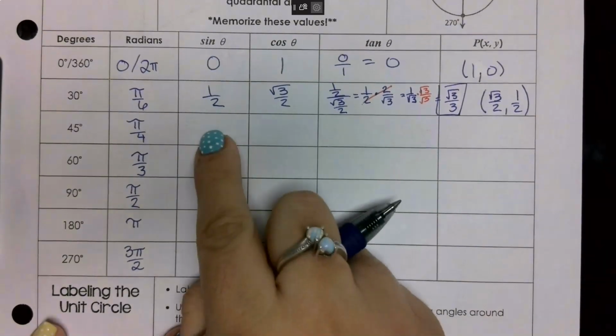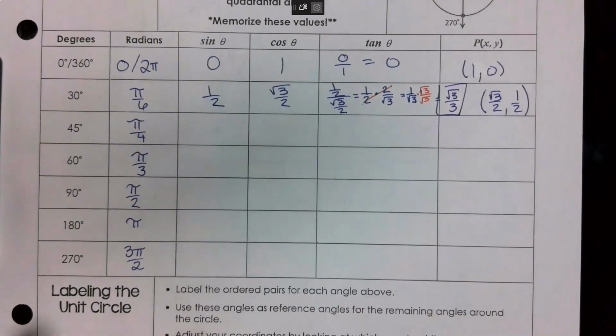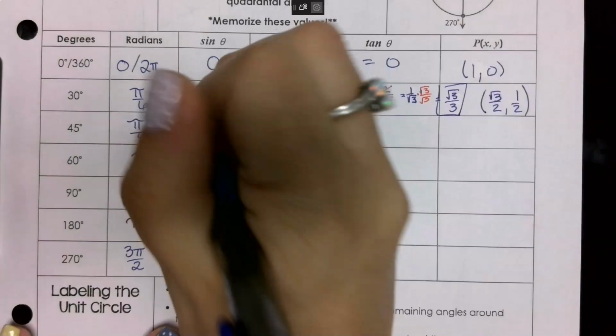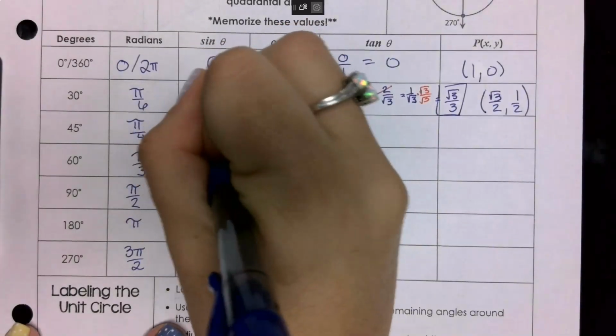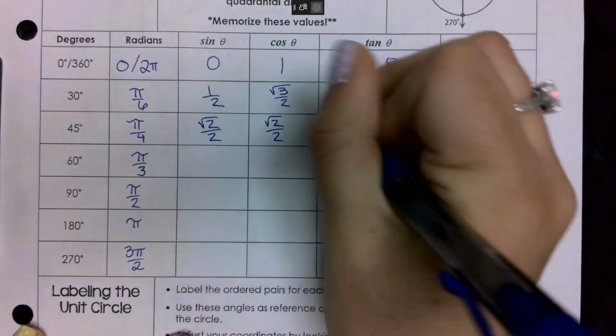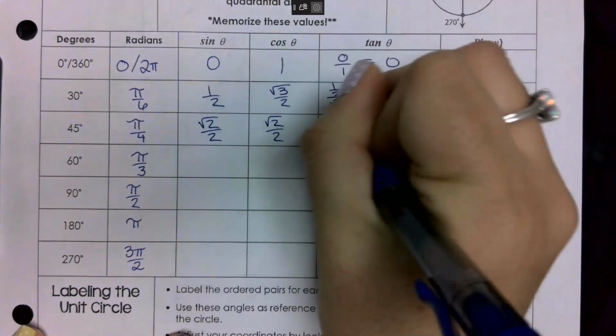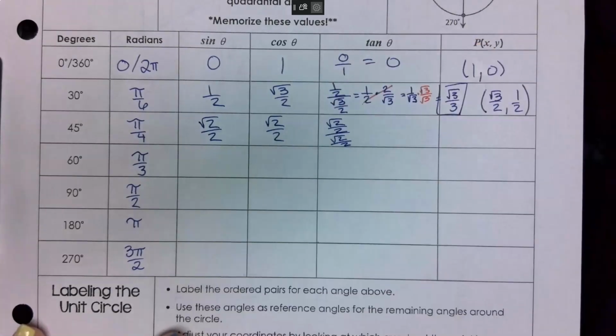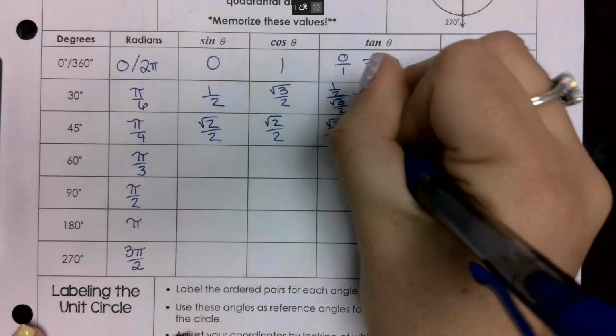Okay, so 45 degrees. What was my sine? Okay, and my cosine? Okay, and my tangent's going to be the square root of 2 over 2 divided by the square root of 2 over 2. Anything divided by itself is 1.